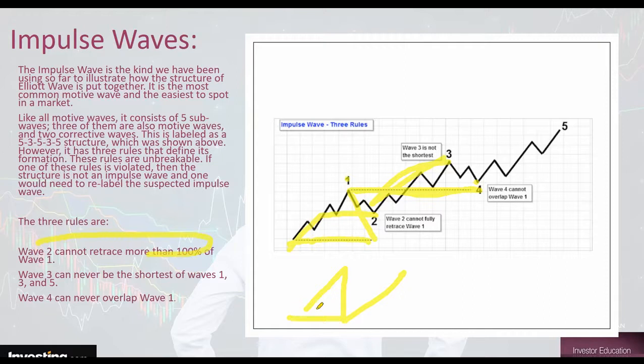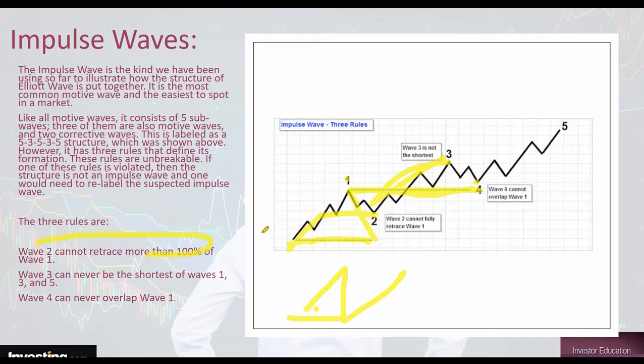This level here cannot be below that level. In fact, I'm sorry, I got it mixed up with Fibonacci levels for a second there and I got off track. But that's what it is: wave 2 cannot retrace more than wave 1. Wave 4 cannot be lower than wave 1, and wave 3 cannot be the shortest of the waves.